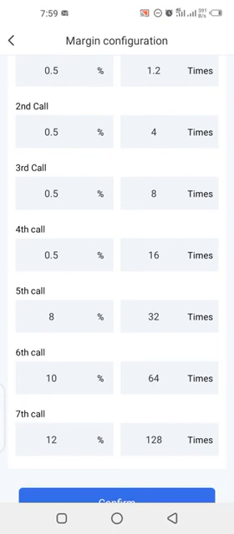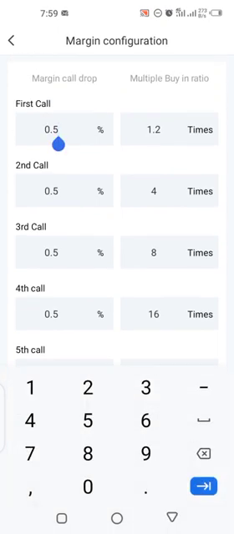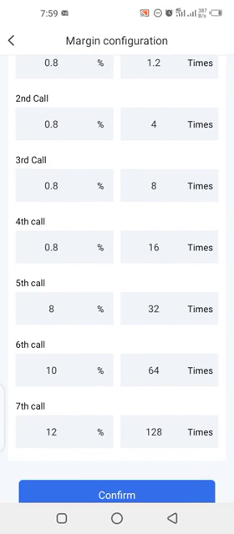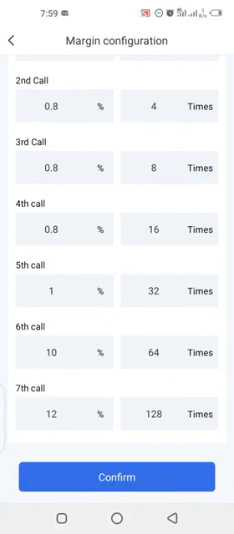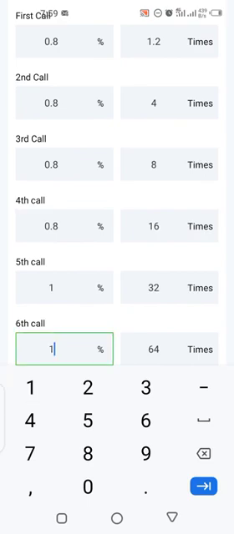If you are using 4-hour time frame, I would recommend 0.8 for the first 4 margin calls. Then when it gets to 5, if you use 4-hour, this could be 1%.